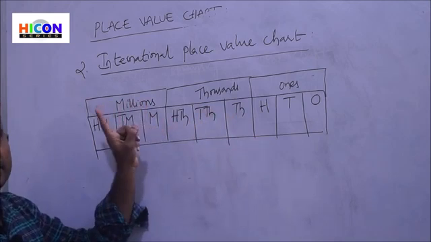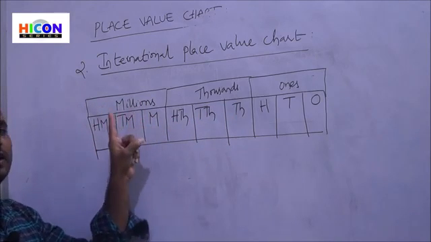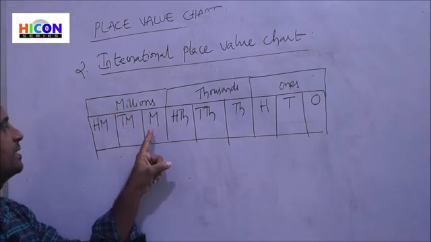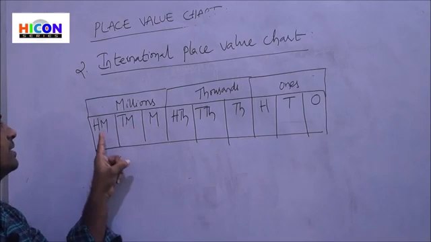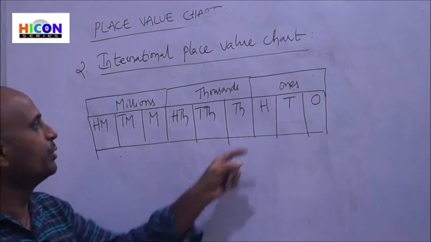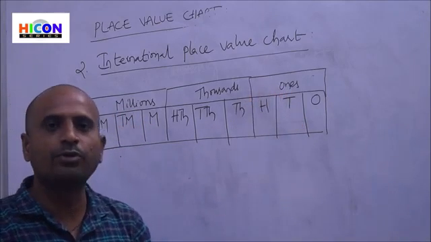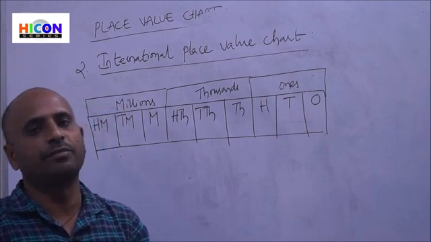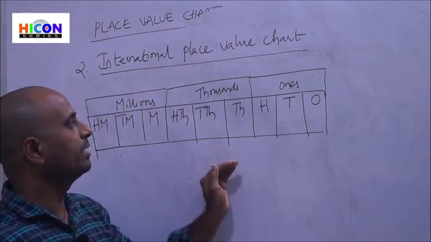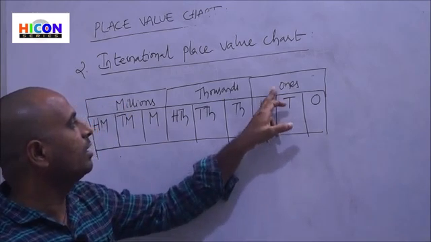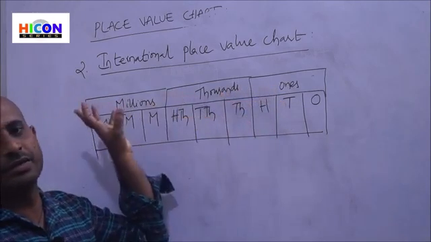The next period is the millions period, which also contains three places, millions, 10 millions, and 100 millions. By using these periods, we put commas in the given number according to the places in the periods.